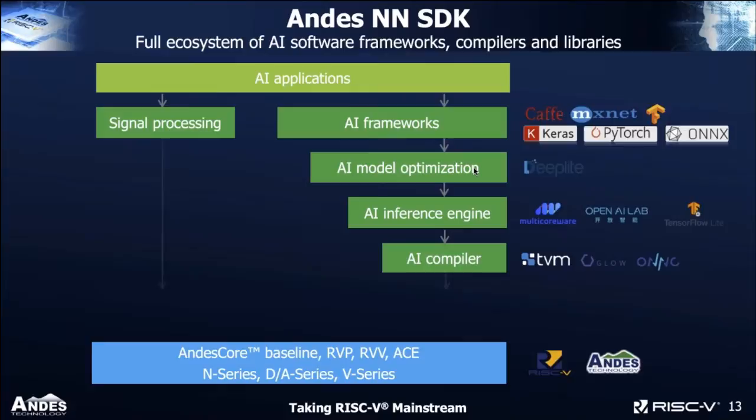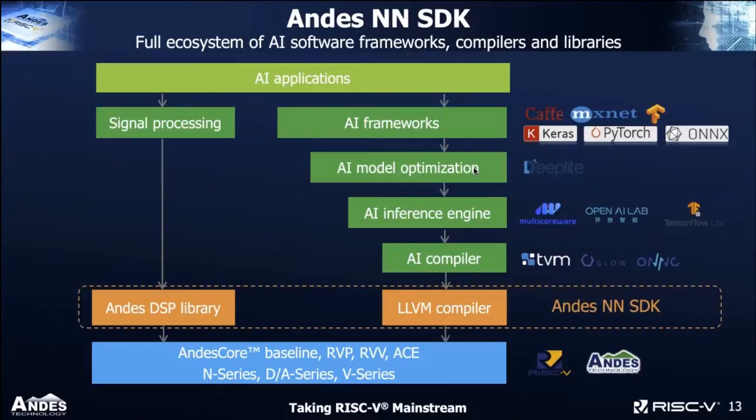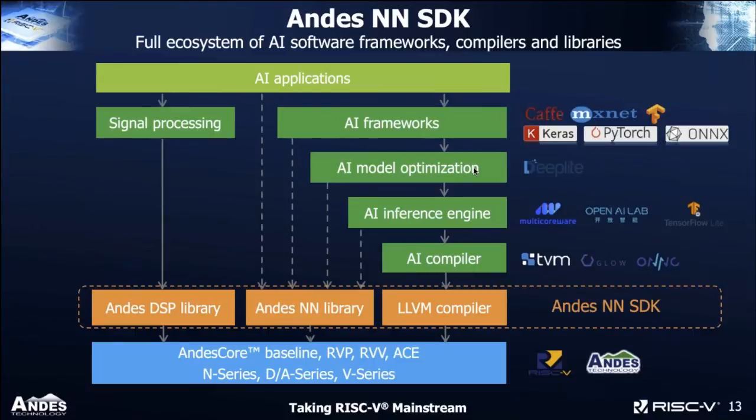Along with our partners, we're developing this neural network SDK based on the LLVM compiler and a very optimized DSP library. To that, we're adding a very optimized NN library, utilizing both the baseline, DSP instructions, and also vector instructions.